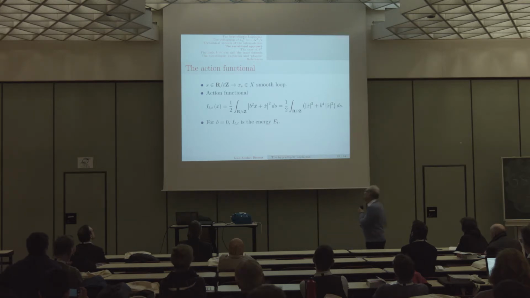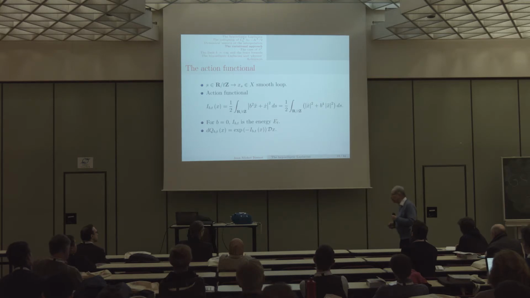What is the point about this energy? From a mathematical physicist's point of view, the measure on the path space, or in this case on the loop space, corresponding to the hypoelliptic Laplacian is formally given by the exponential of minus the action, e to the minus J_b(x) dx.